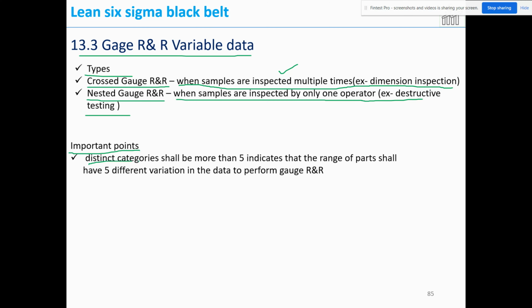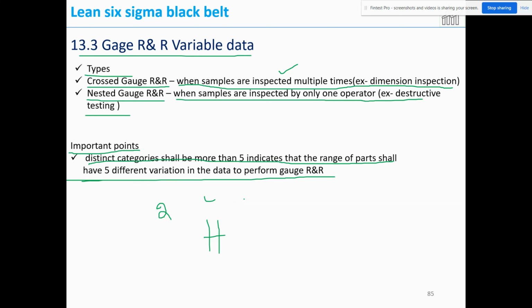Important points. Distinct category shall be more than 5, which indicates the range of parts shall have 5 different variations in the data to perform the gauge analysis. That means, for example, if the distinct category is 2, your measurement for the gauge under study, the dimension present in the product, has only low and high.